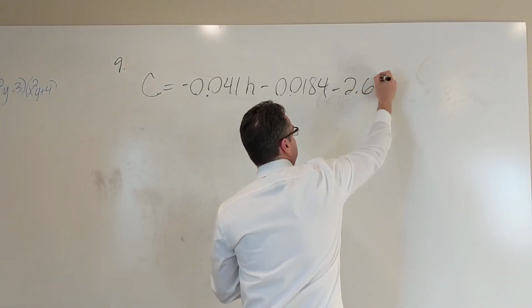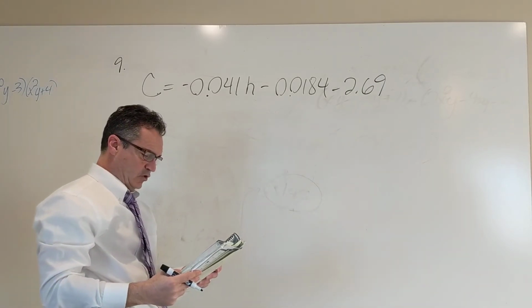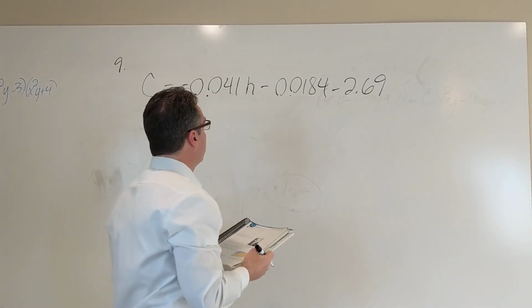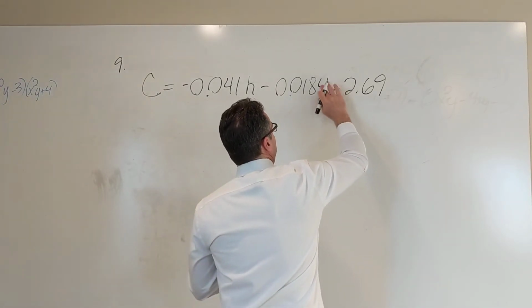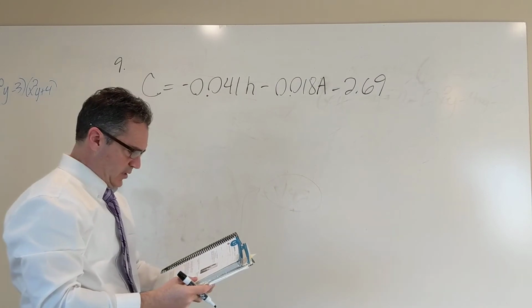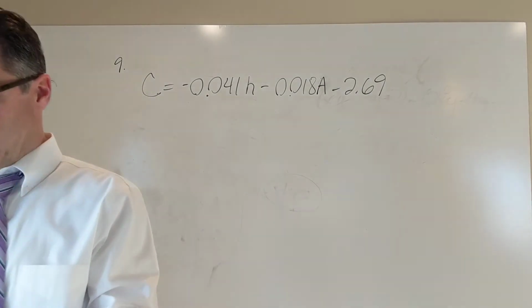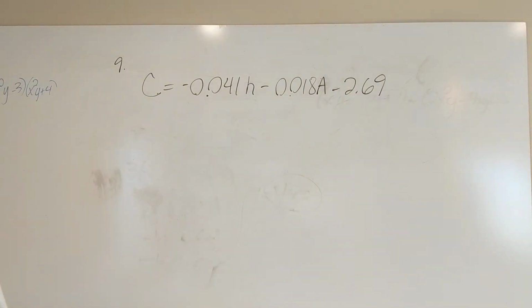Sorry, that's not an H or a 4, that's an A. That is a big A right there. I can't tell if that's a 6 or an 8. That's an 8. Okay, we're good.